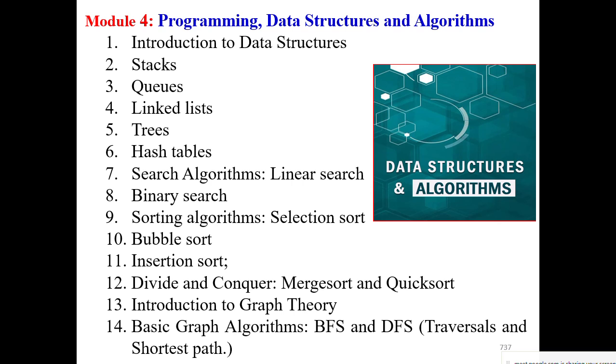Then a queue is a linear data structure and follows the principle first in, first out. For example, if you are standing in a queue for cinema tickets, the first person gets the first ticket. That is first in, first out, called the queue data structure. What about stack?